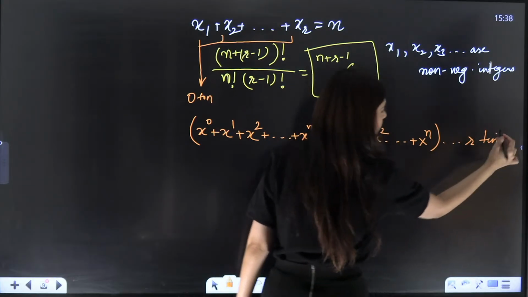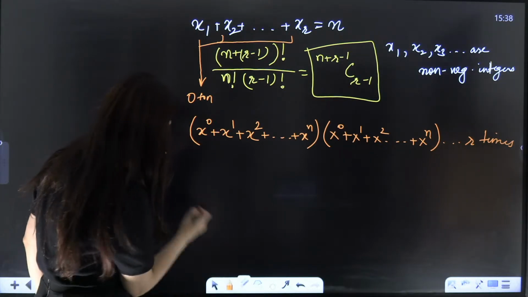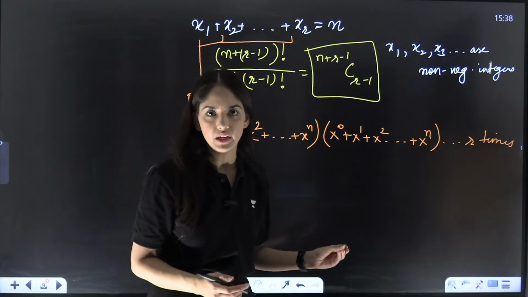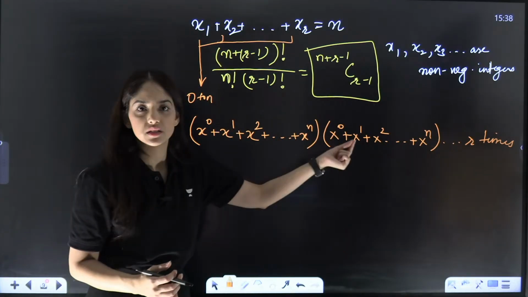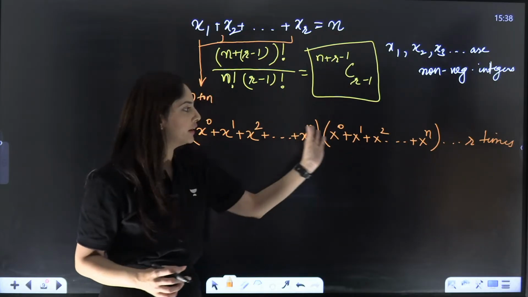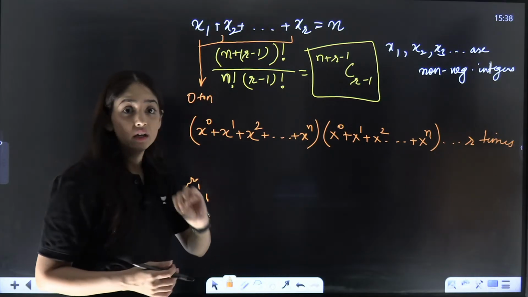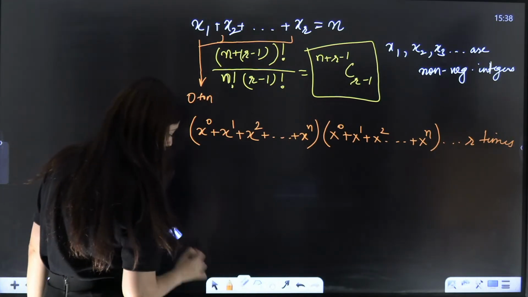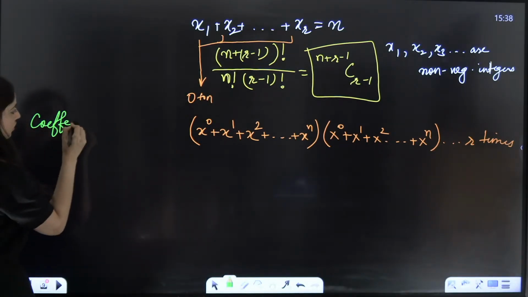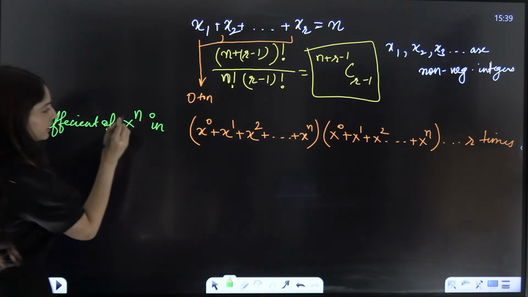We have this for all our variables, and once we multiply this, we will have a lot of terms in this multiplication, right? We will have x raised to power 0, x raised to power 1. We will have all possible exponents of x with different coefficients, but we need to find the coefficient of x raised to power n in this.